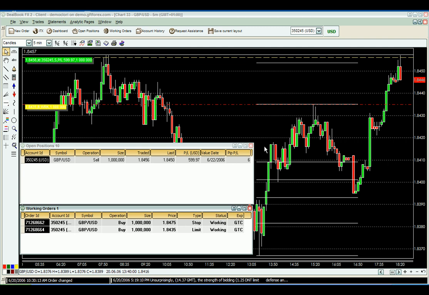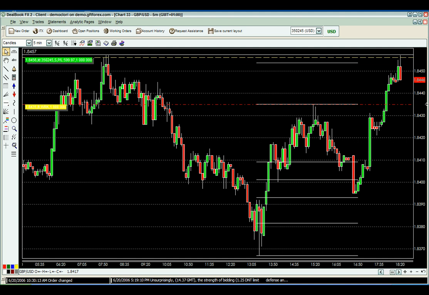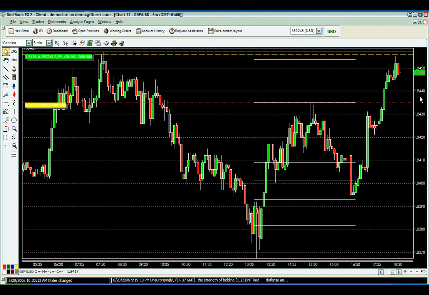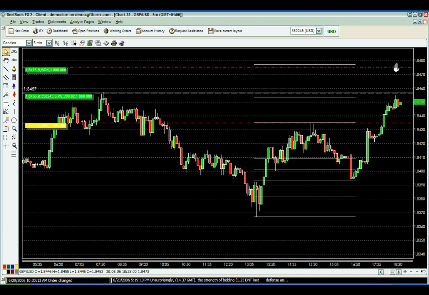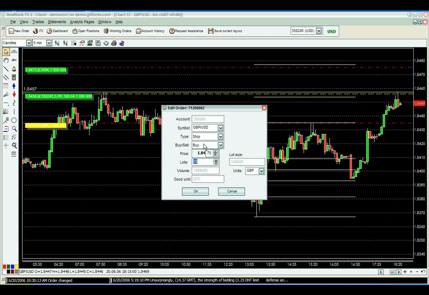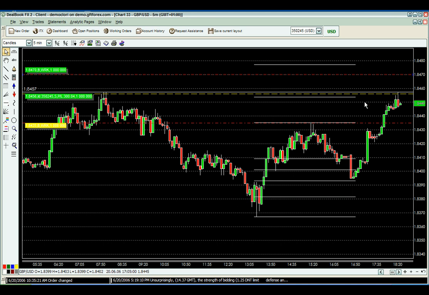What I'm going to do is scroll this down, and you see our stop level up here. I'm now going to move it 10 pips. Actually, I'm going to move it 5 pips lower now, to 70. Okay, and you'll see the stop move.